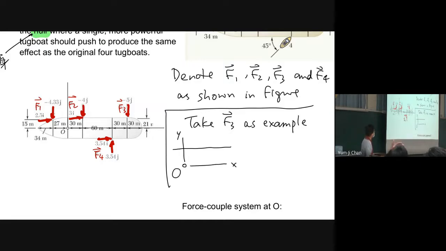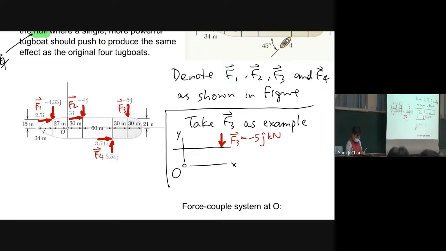This is point O. Now we have F3 here, and this is equal to minus 5J kilonewton.